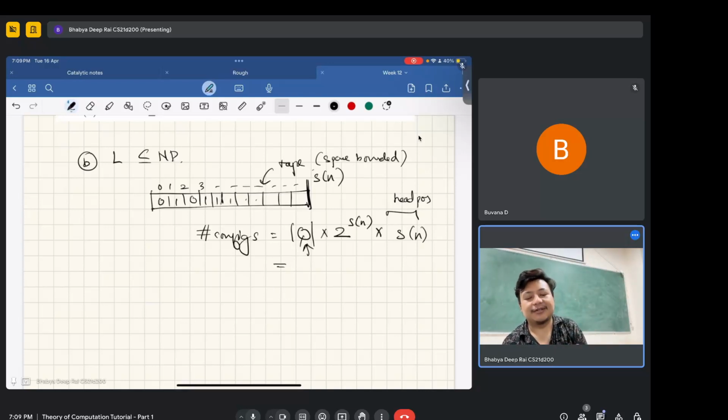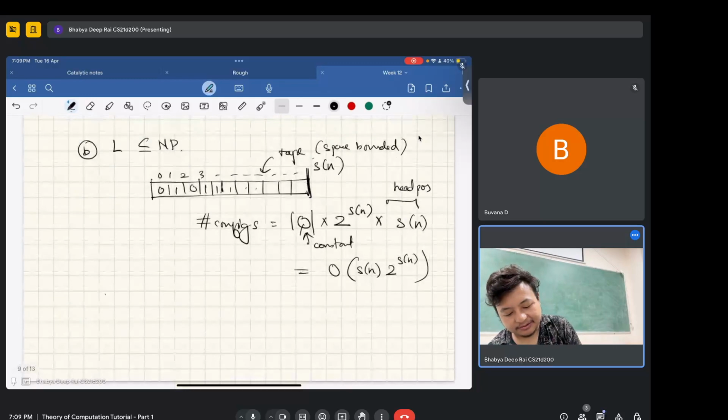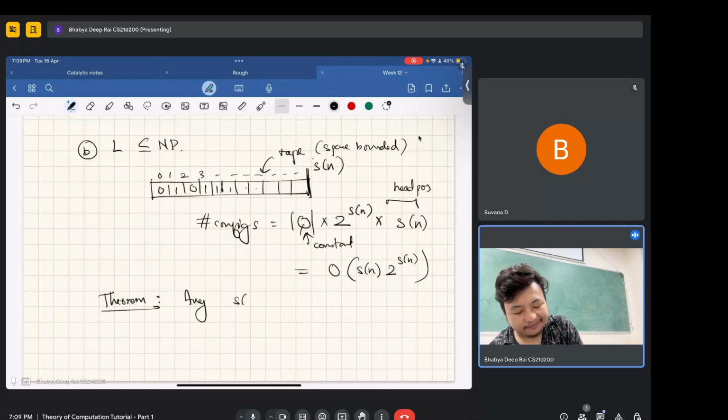It's always fixed and not going to change. So the number of configurations is order of S(n) times 2 to the S(n). That is the result, and what is the theorem? Any S(n) space bounded machine.